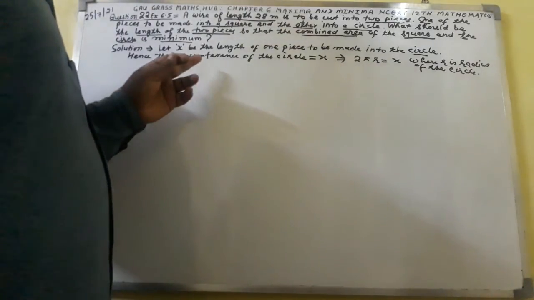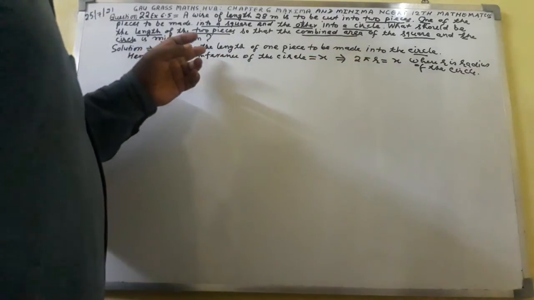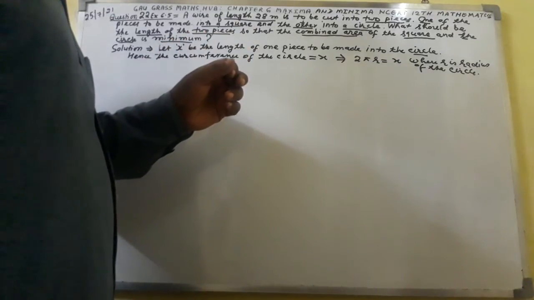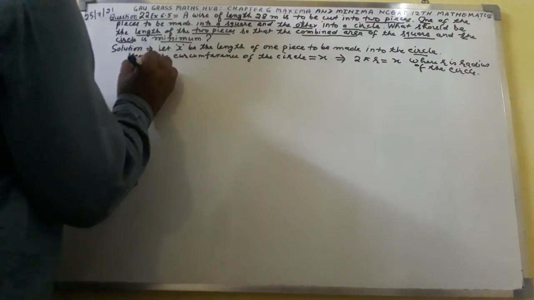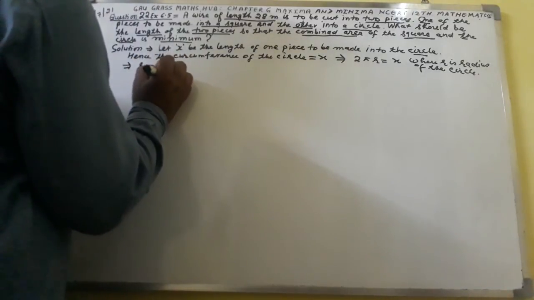The formula is there: circumference of the circle is equal to 2 pi r, and the total length of one piece is the circumference x. So here I shall get radius equal to x over 2 pi.